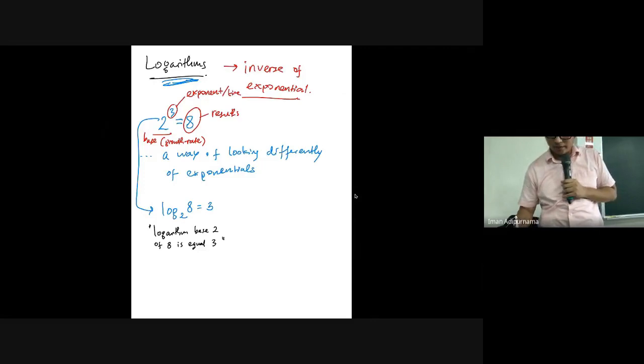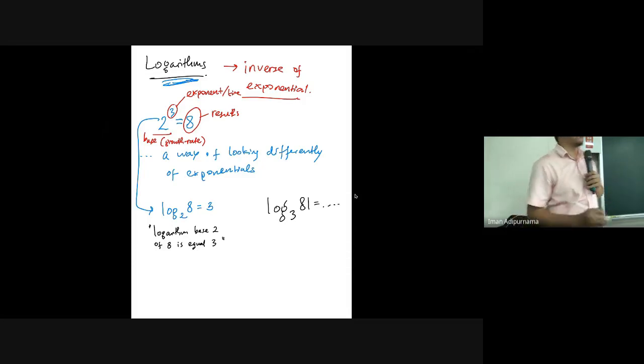So when I have log, let's say log base of 3, so log base 3 of 81 is 4.